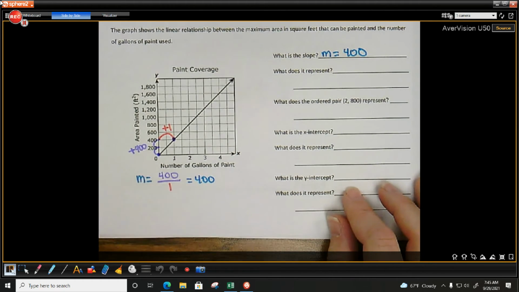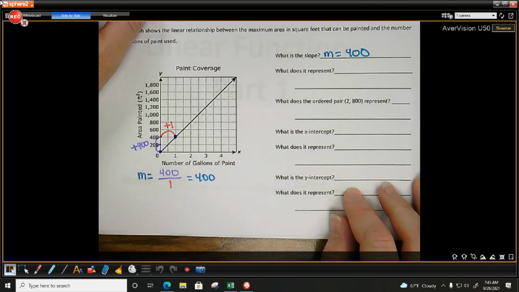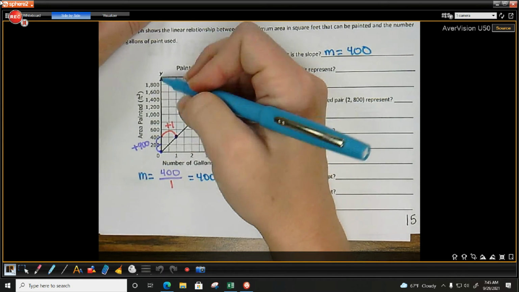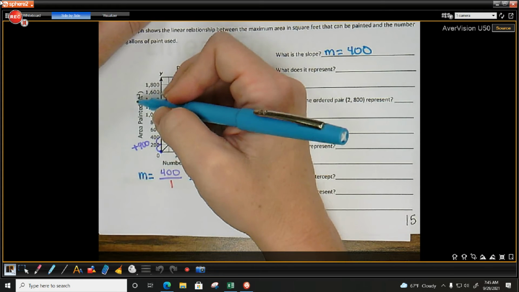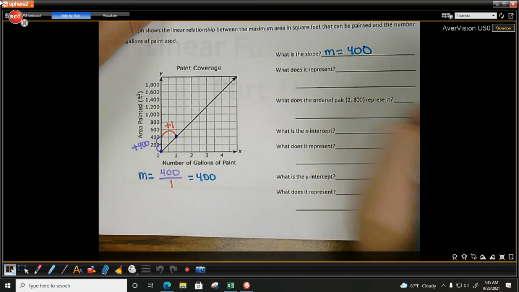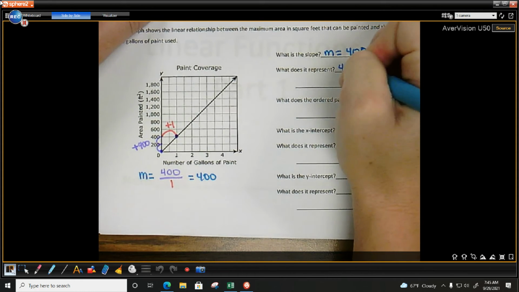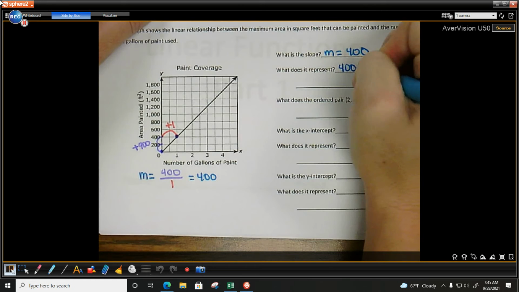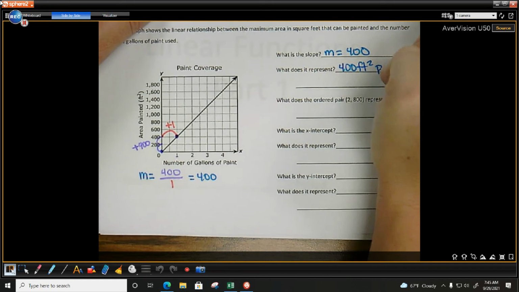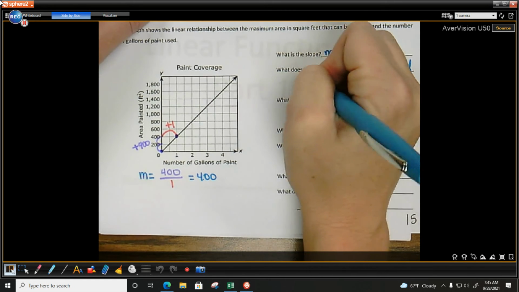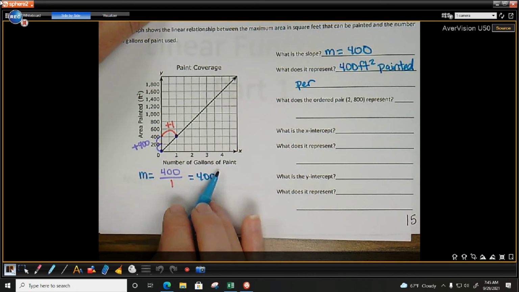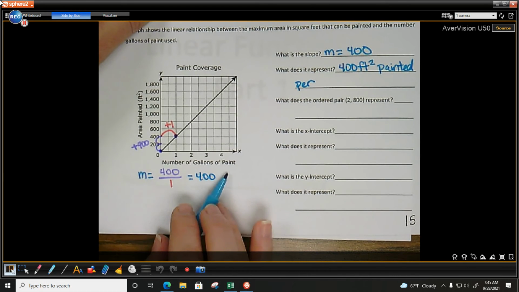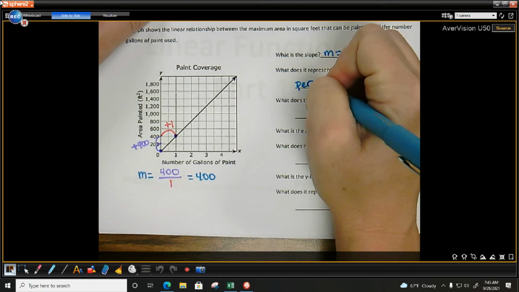Okay, so let's talk about what that means. Remember, y per x. What's my y labeled? Area painted. So 400 square feet painted per, the denominator's 1, so 1 gallon of paint per, and you can just say per gallon of paint.